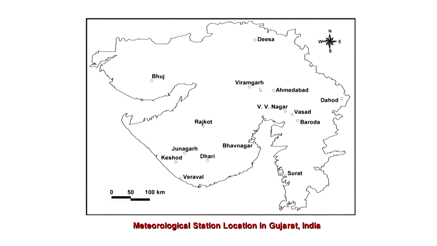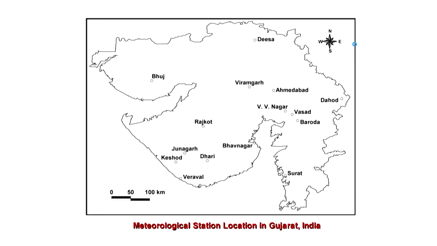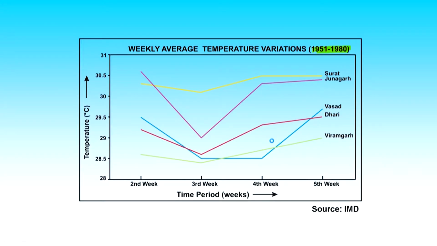So that is one observation. The second is about the air temperature, as I mentioned earlier. We also compared air temperature data. This is 30 years weekly average data of a few meteorological stations shown in this map. In the third and fourth week, the week in which the 26 January 2001 earthquake occurred, these stations generally showed low temperature.